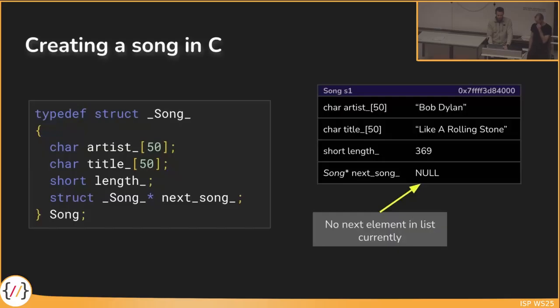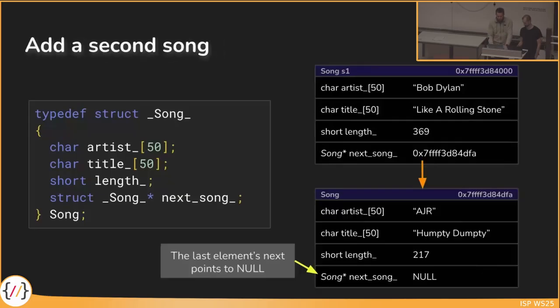If we have just one song in our playlist, as in this example, then we do not have a next song, so the next song pointer would be null. If there is a next song, then this pointer points to the address of this next song. And this next song then has no next song, so its pointer would be null. So this is basically the idea of a linked list, where we connect each song with the next song, and at the end of our playlist, there is no next song.